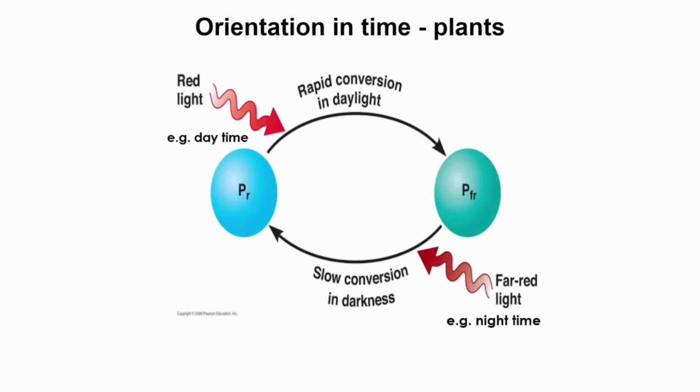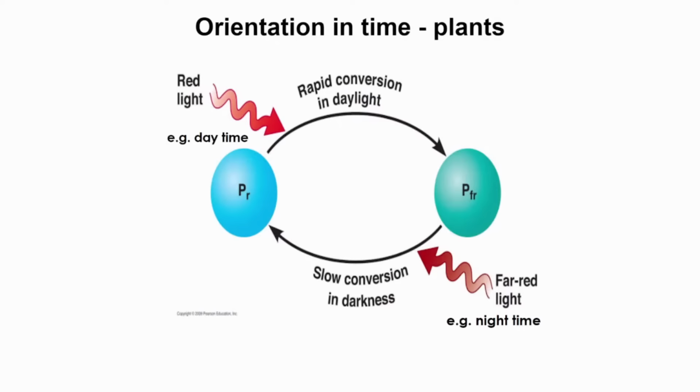So take now, for example, the days are long. It's summer. We're heading into summertime, so our days are stretching out longer and longer. And so our long days mean that we get a lot of conversion from phytochrome red really rapidly into phytochrome far red. Because the days are long, the nights are short. So what is happening is with our short night, we don't have enough time for that slow conversion back from phytochrome far red into phytochrome red.